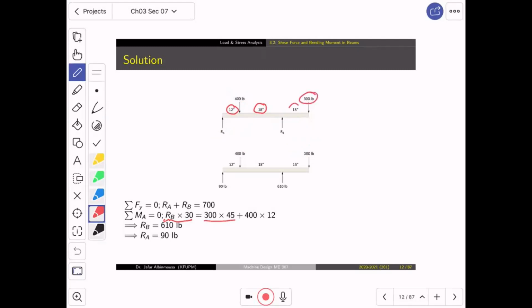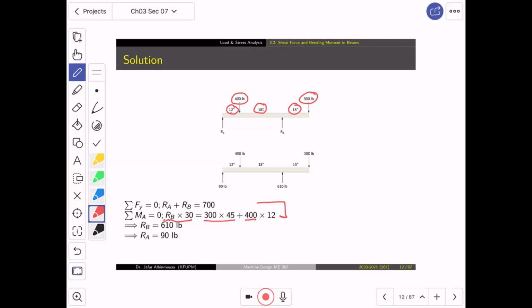This is 300 by how much? 12 and 18 and 15, which is 45. And then we have 400 multiplied by 12. You have two equations and how many unknowns? Two unknowns, RB and RA. So you get RB and you get RA.